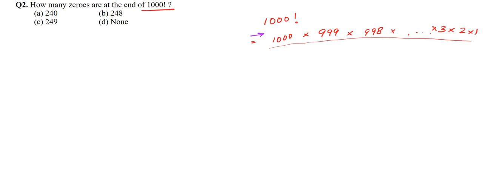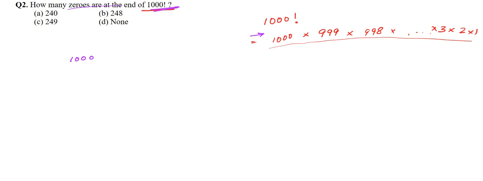All we need is how many zeros are at the end. For this we need not calculate this, or count each zero. What we need to do is follow a basic rule, a general formula we have for this. Whenever we have a factorial, we follow this rule.